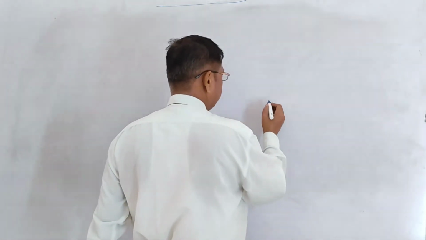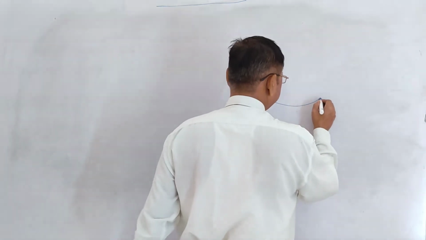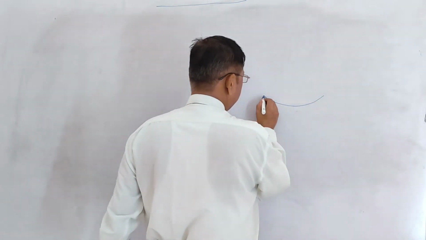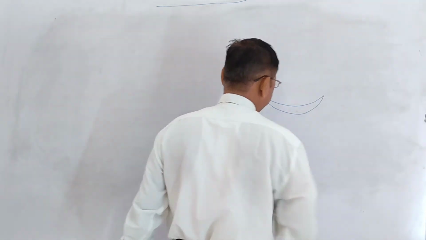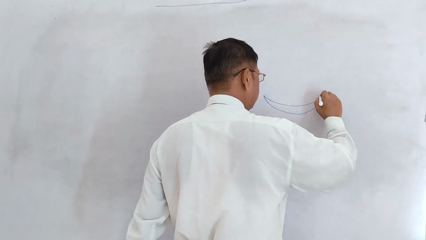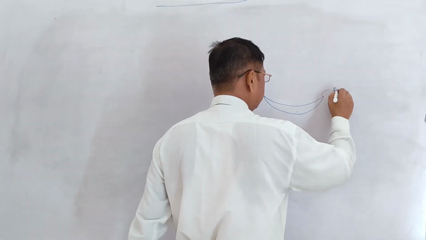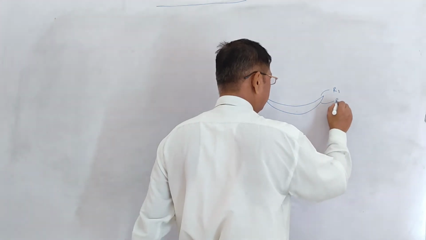Suppose I take a concavo-convex lens. Suppose this surface has radius r1, this surface has radius r2.